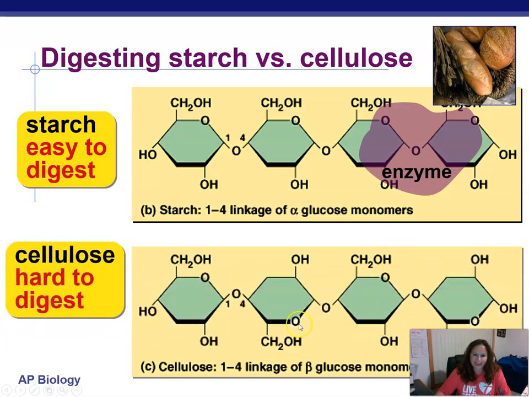We don't have an enzyme. Take a look at the structure here, having that beta glucose. Every other bond is up in the air. And we just don't have anything to deal with that. You have to have a molecule to fit the shape of this, and we just do not have that. So we can easily digest starch, but not cellulose.